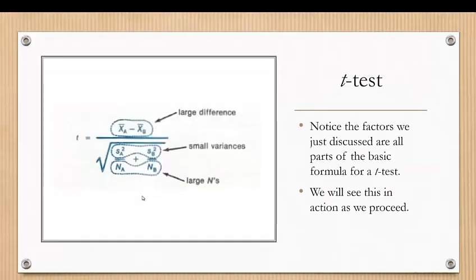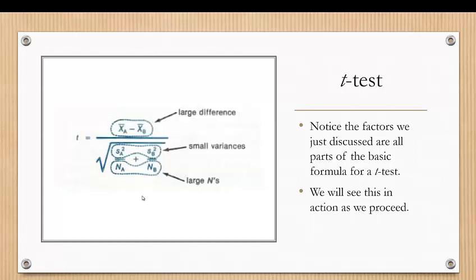And this is basically a formula that we will see for a t-test, and those factors are in here. Okay, the t equals the mean of A minus the mean of B. So we're looking at that large difference in our means.